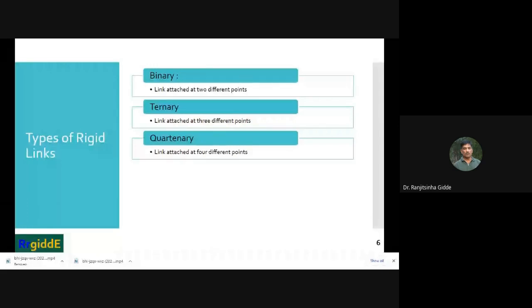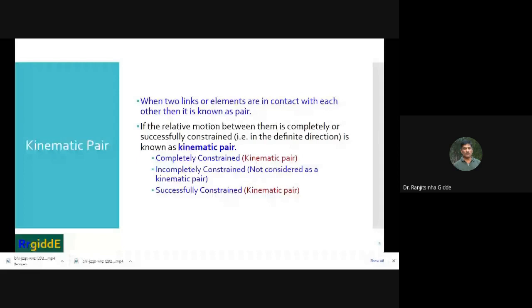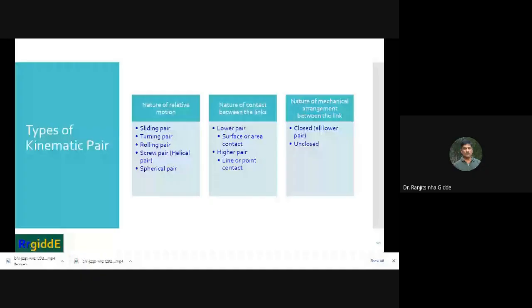Then we saw kinematic pair, then types of kinematic pair. On the basis of relative motion between the two links, how many types are there? 5 types are there. Then on the basis of nature of contact between the links, there are 2 types: one is based on surface or area contact, and the other is based on line or point contact.